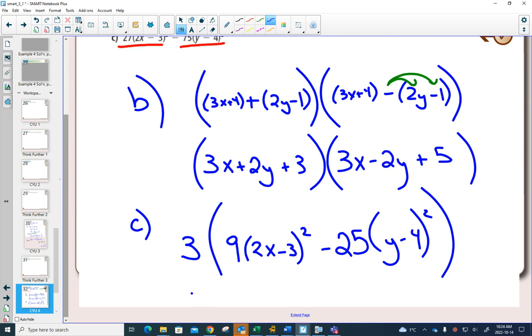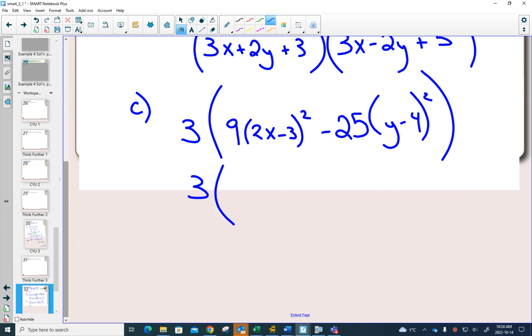And now this 3 would stay out in front. In the inside now, can you see the inside now is a difference of squares? Yes? So I can make the inside bracket one plus, one minus.